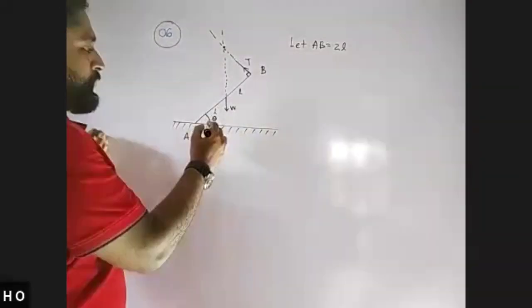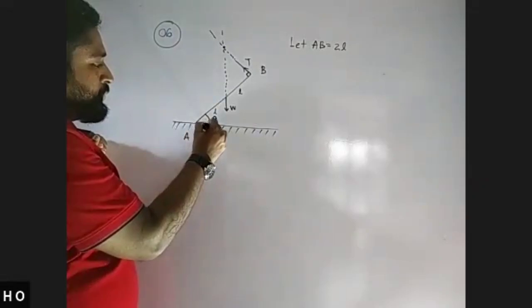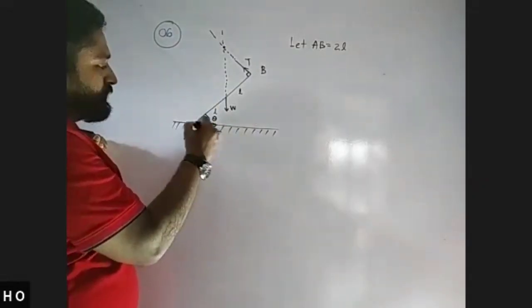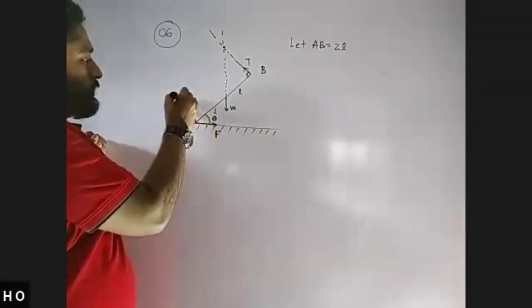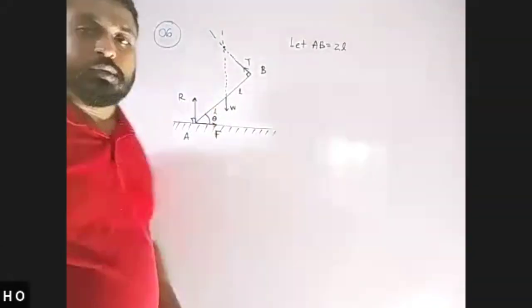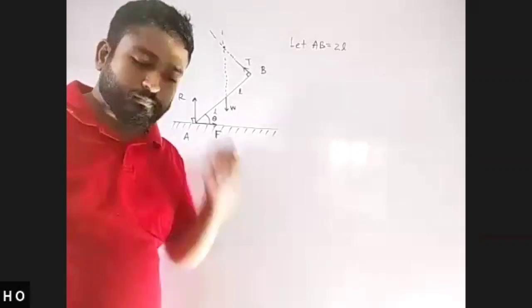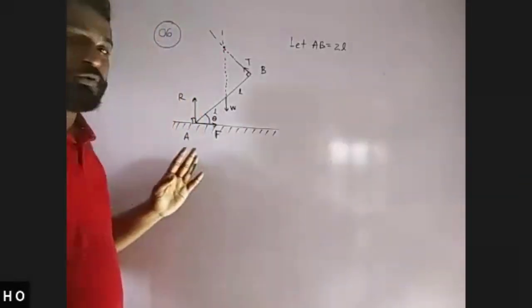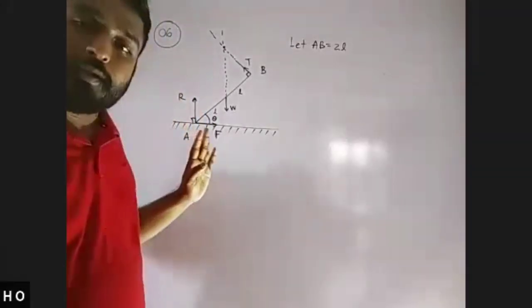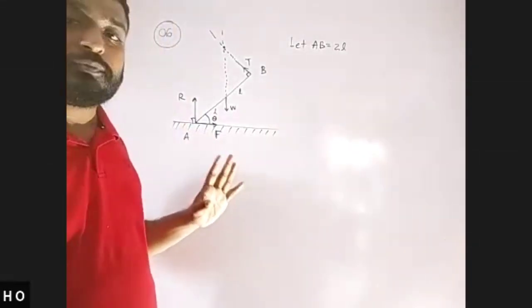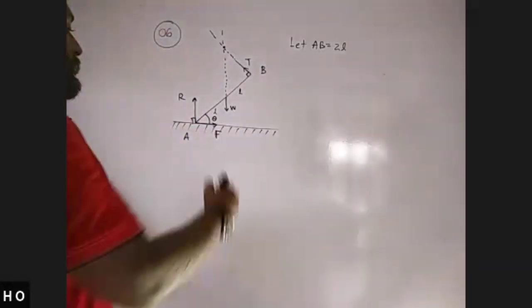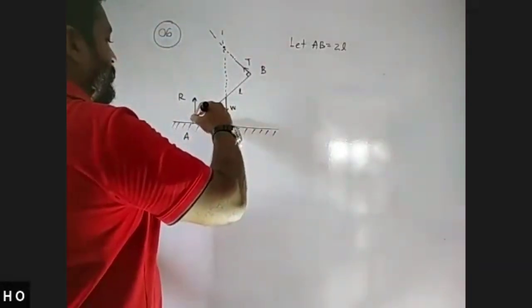And you know that I haven't marked the friction yet. Marking the friction, it is F, and the perpendicular reaction as R. So obviously, for A, you have both perpendicular reaction and friction. So we are going to have the third force as the resultant of these two. By the way, I'm marking it by a dotted line.